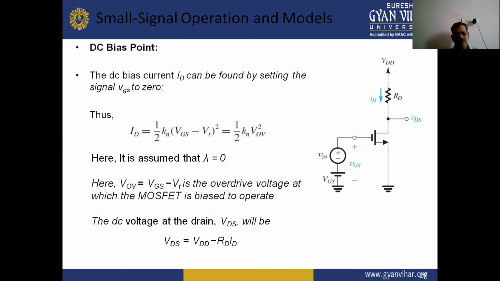The DC voltage at the drain, VDS, will be equal to VDD minus RD ID, where VDD is the DC voltage supply and RD is the resistance at the drain terminal, and ID is the current flowing into the drain terminal.